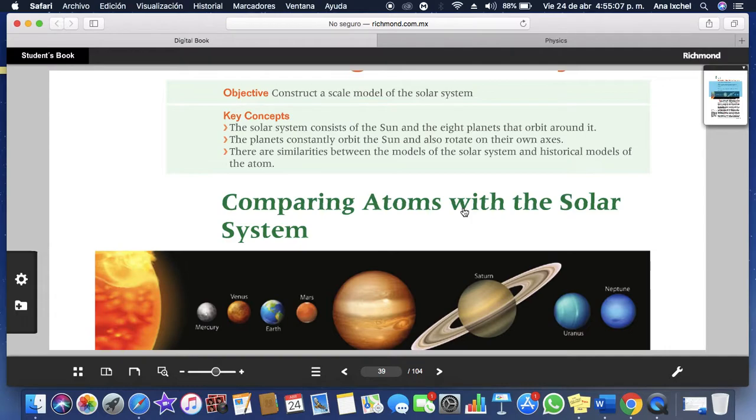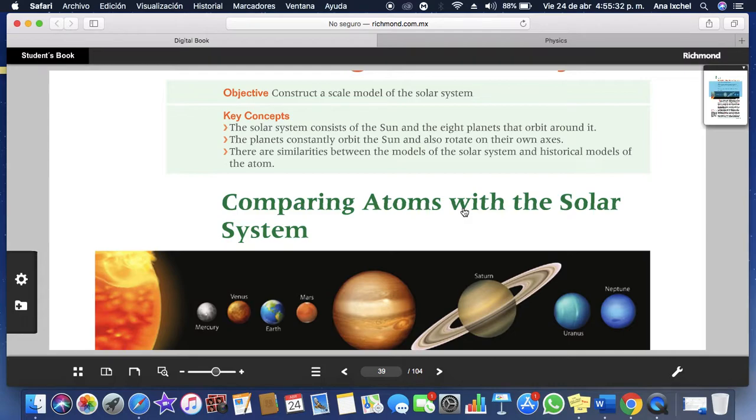So let's start. We have the key concepts, and we have that the solar system consists of the sun and the eight planets, as you know, that orbit around it, and the planets constantly orbit the sun and also rotate on their own axis.